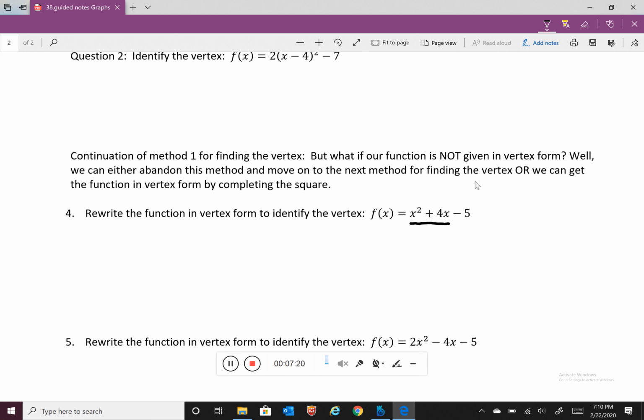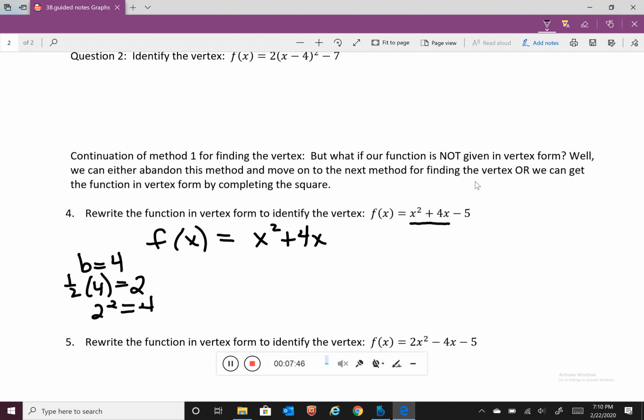And so for our first step, we're going to complete the square by recognizing x squared plus 4x is a binomial. And to create a perfect squared trinomial, we need to identify b, which is 4, take 1/2 of it, which is 2, and then square it, which gives us the result of 4.